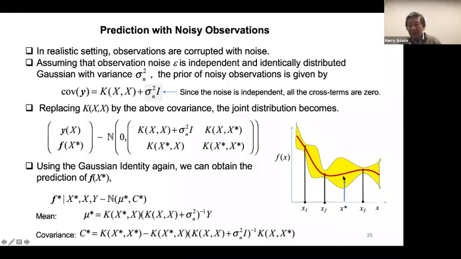If you look at this part, in the previous plot, this yellow band was 0 at these sample points, because the measurement is perfect, noiseless. But with the noisy measurement, it departs from here, and even this point has some uncertainty over here.